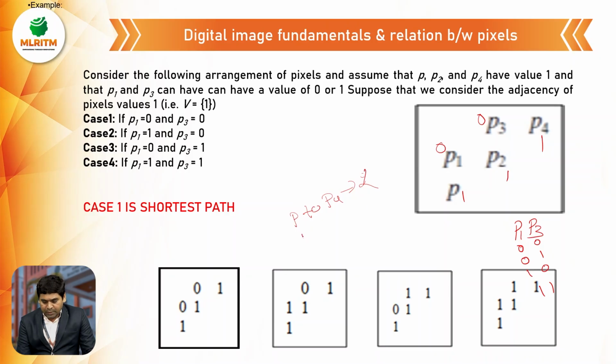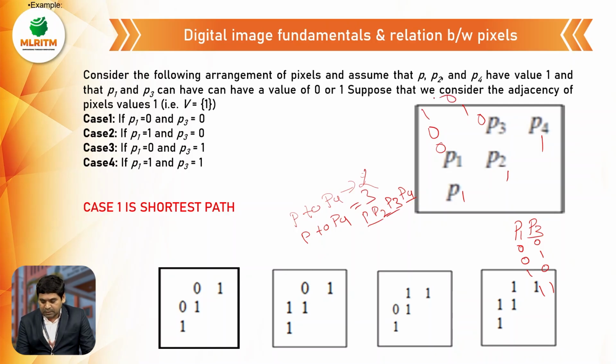Now the 0, 1 case for P1 and P3: from P2 to P3 and P4, the distance is 3.